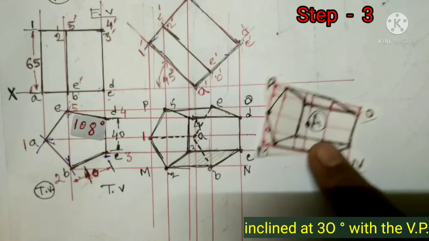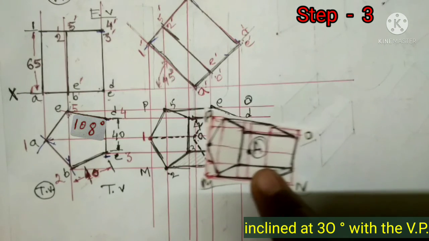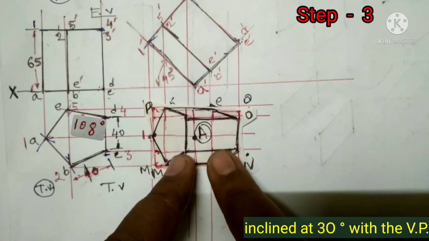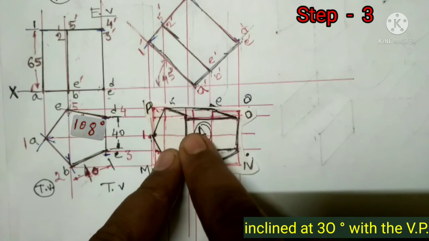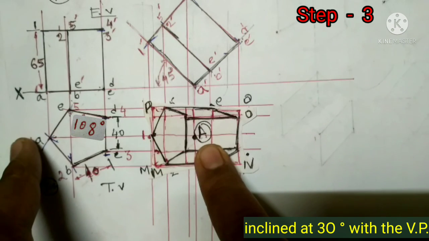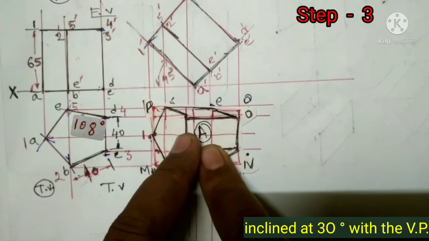This is the third step, where the prism is inclined at 30 degrees to the VP. First of all, I will match the point A with the point A of the top view which has been drawn on another paper.